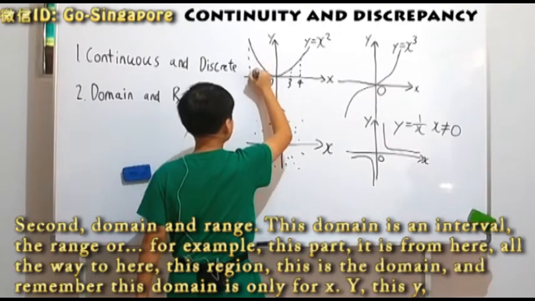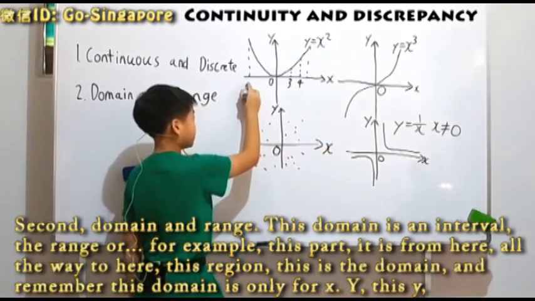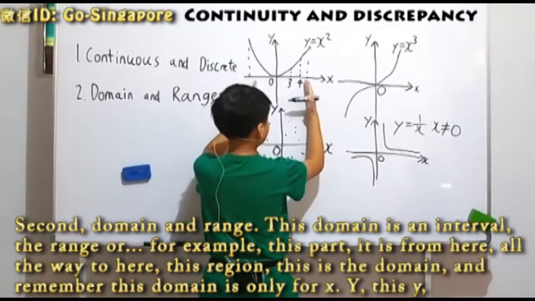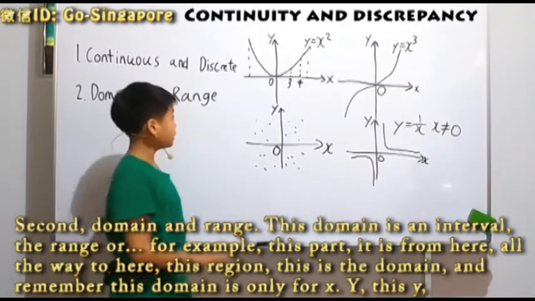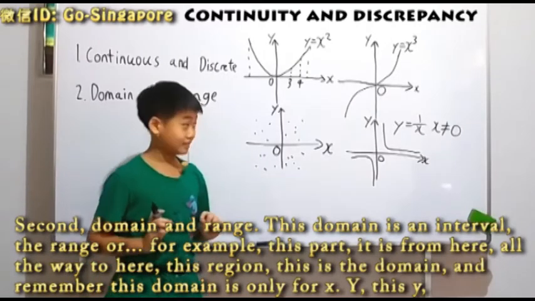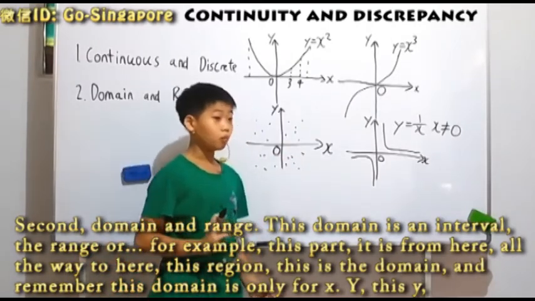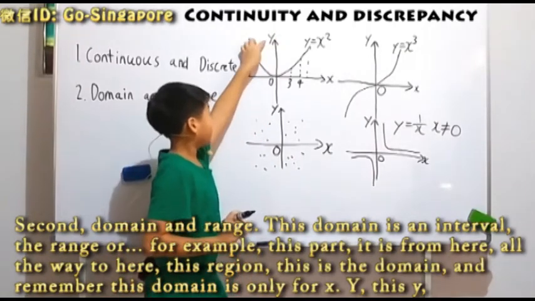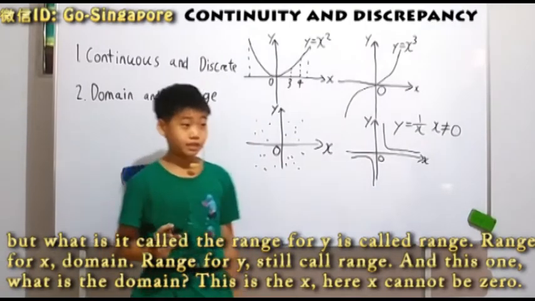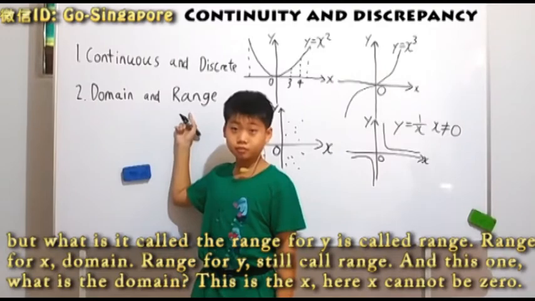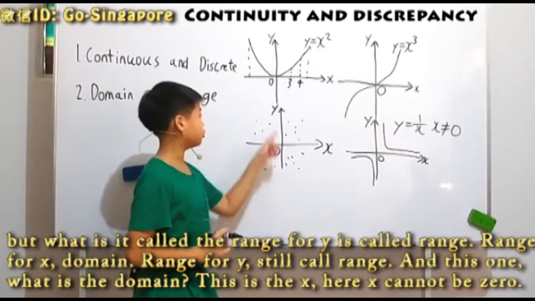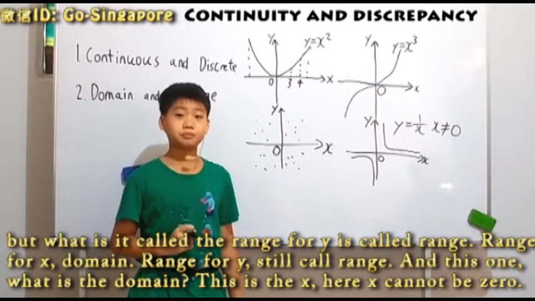It is from here all the way here. This region. This is the domain. And remember, this domain is only for x. For y, what is it called? The range for y is called range. Range for x, domain. Range for y, still got range.